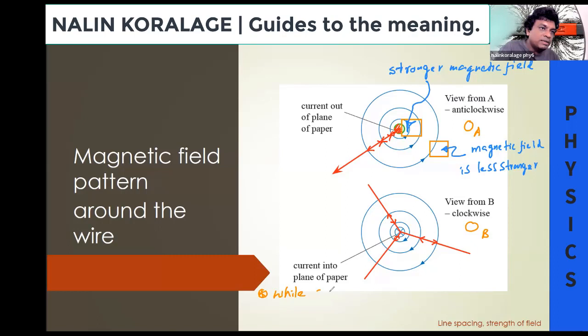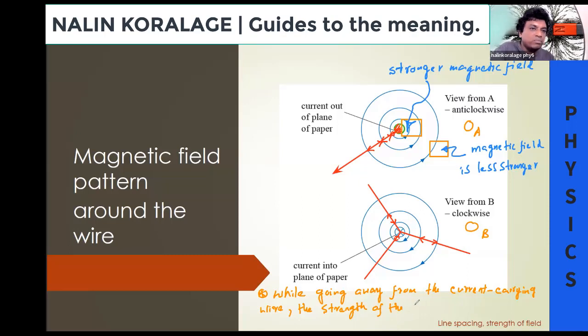While going away from the current carrying conductor or current carrying wire, the strength of the magnetic field decreases, right?